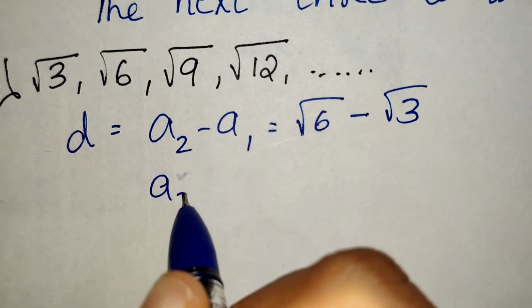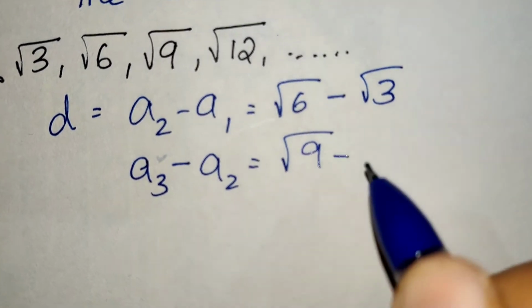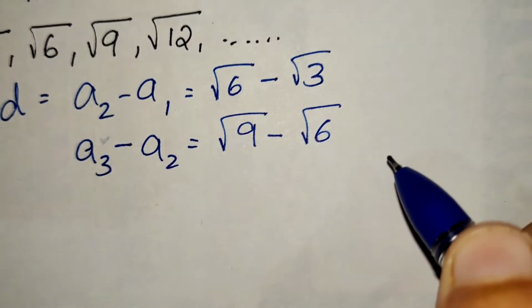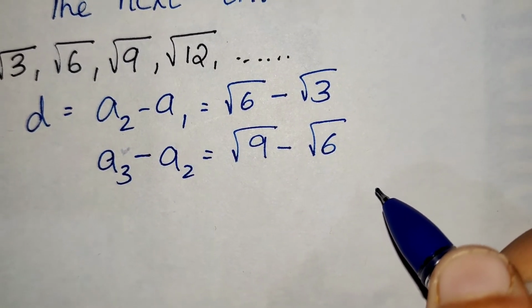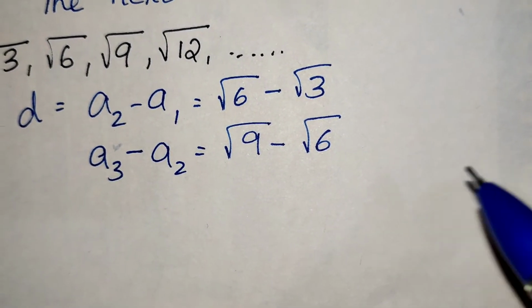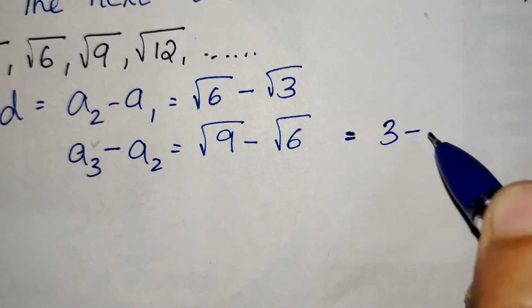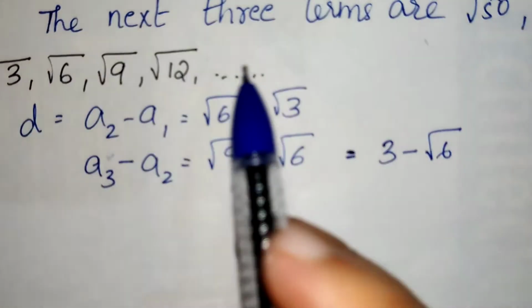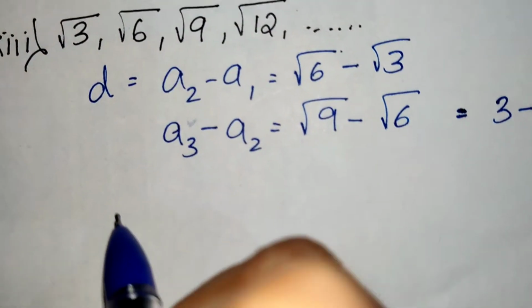So now again let us see one more scenario. A3 minus A2, root 9 minus root 6. Root 9 is 3, minus root 6 as it is. So the common differences are not the same.